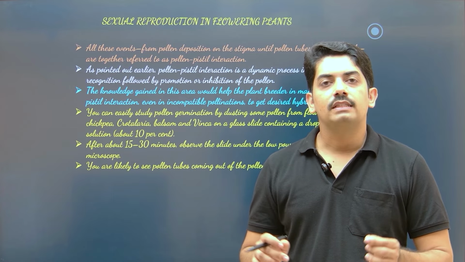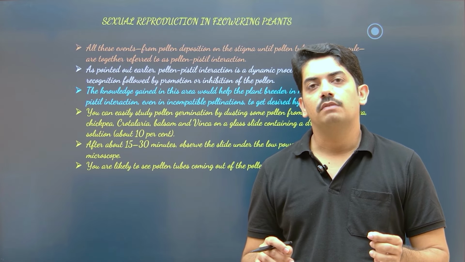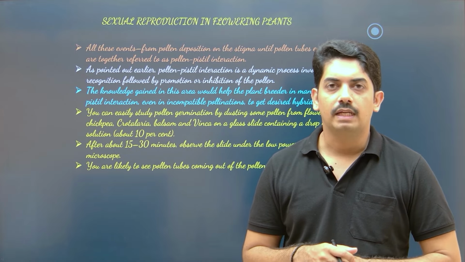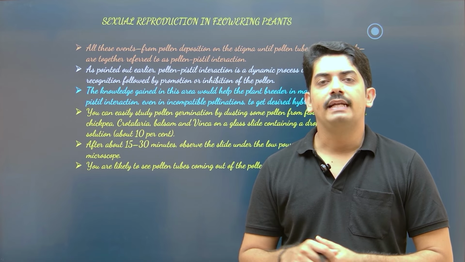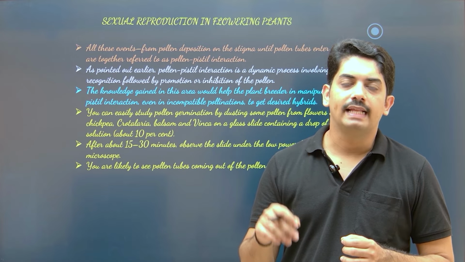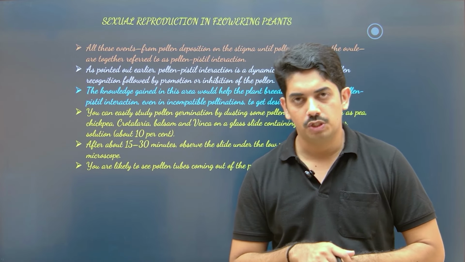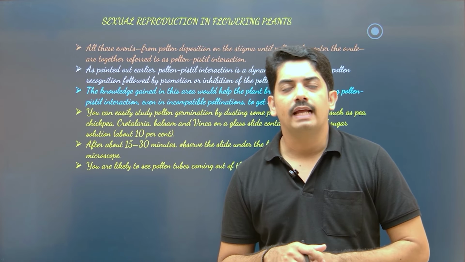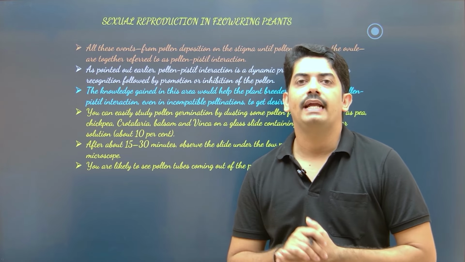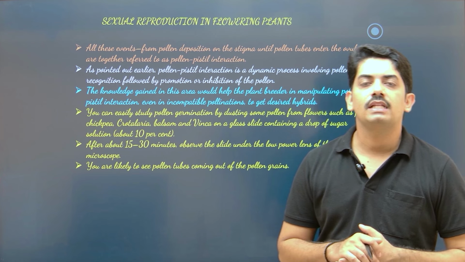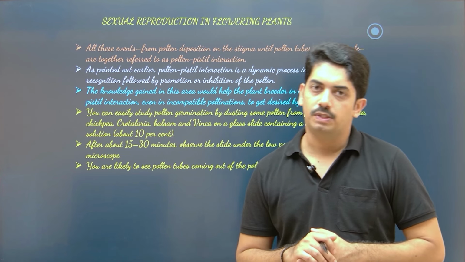Then take the pollen grain of a very young flower, that means a flower which blooms in the morning, and dust this pollen grain on a slide having 10% sucrose solution. Keep this slide for 20 to 30 minutes for observation. Then observe the slide. You see the pollen grains forming pollen tubes.